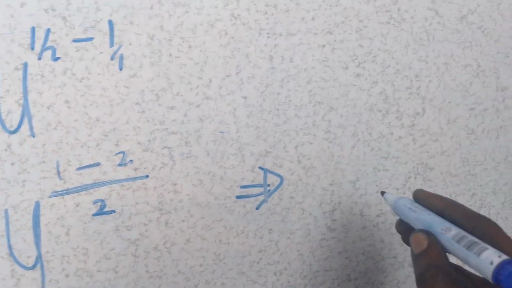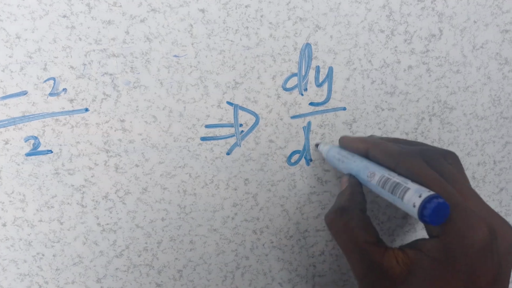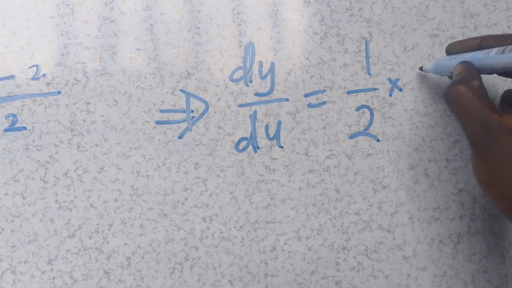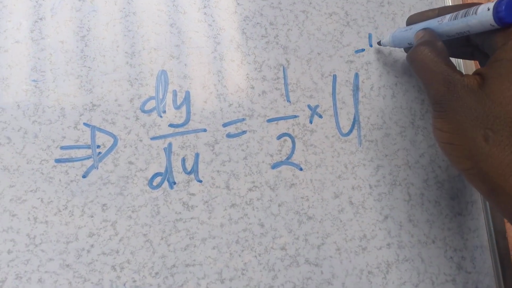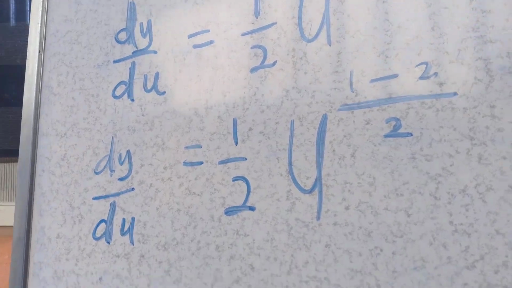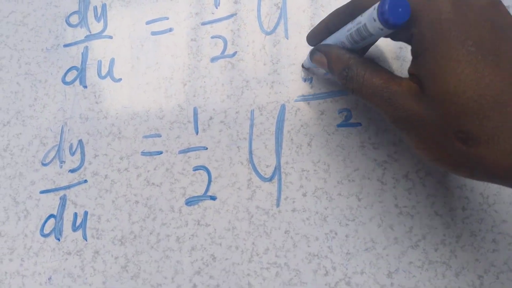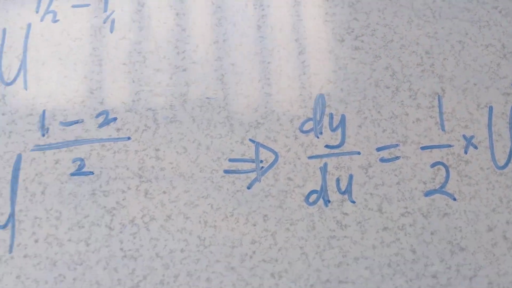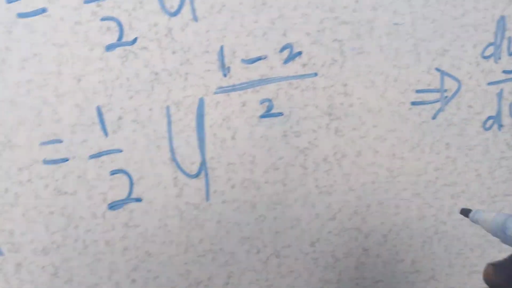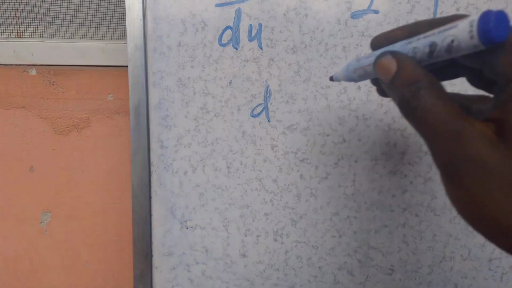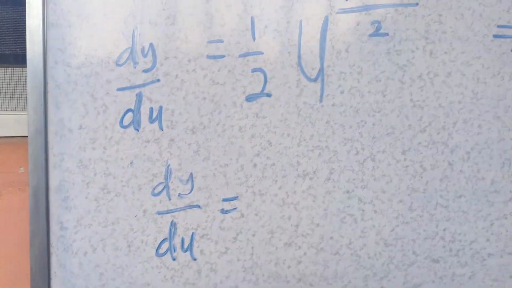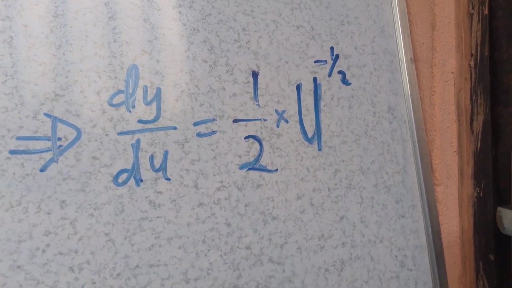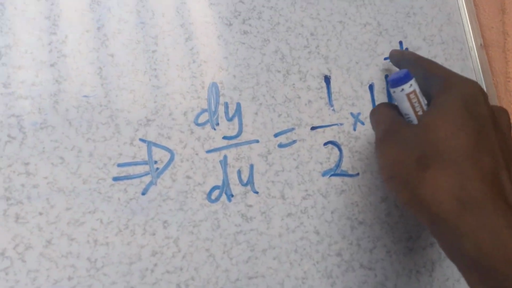So it implies that dy/du will be equal to 1 over 2 times u raised to the power minus 1 over 2, because 1 minus 2 will give you minus 1. That's minus 1 over 2. So dy/du now will be 1 over 2 u raised to the power minus 1 over 2, and the negative index will change to a reciprocal.